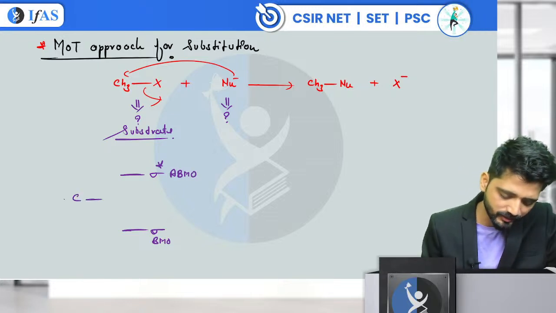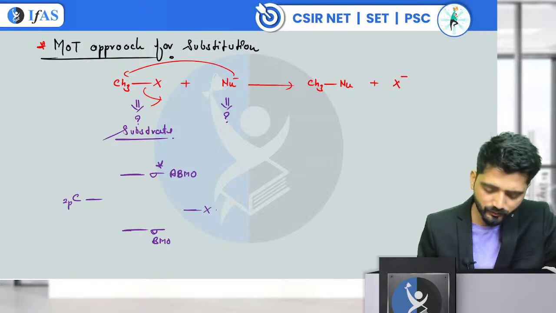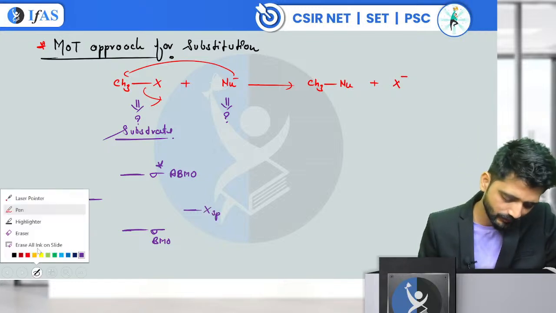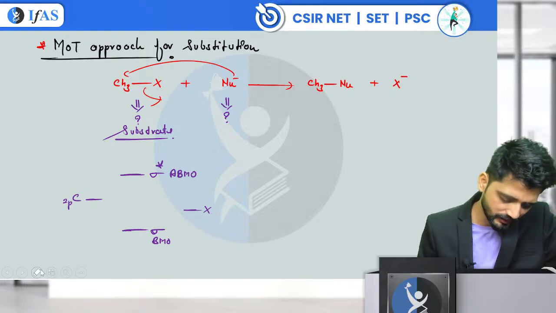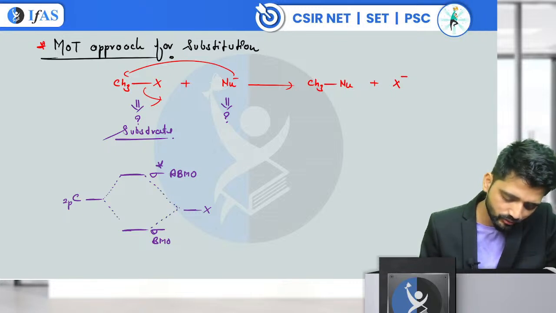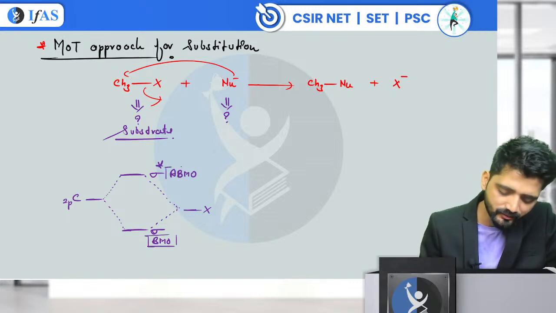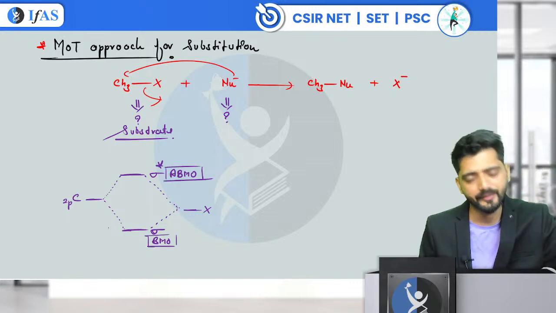We have a carbon which belongs to the second period, and a halogen which, if it is Cl, would belong to the third period, or we can just write it as X. When the orbitals from the carbon side and the halogen side overlap, we have two molecular orbitals. One is the bonding molecular orbital and the second is the anti-bonding molecular orbital.